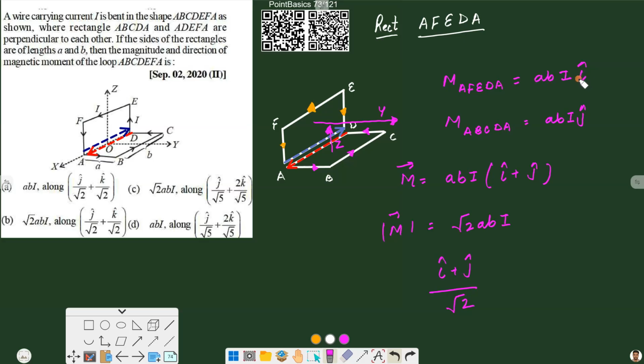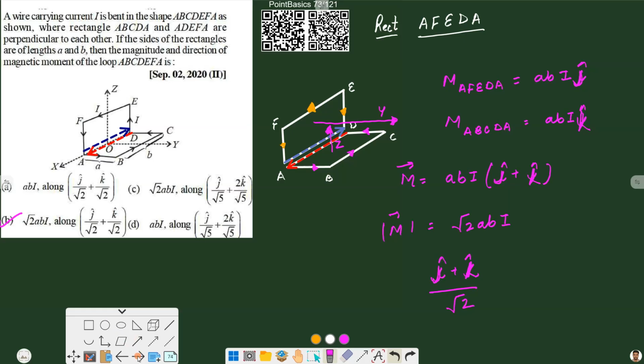So here we will have j and this will be k. So it is j and k, and we made that mistake. So the answer will be option B, root 2 A B I, and along the direction j plus k by root 2.